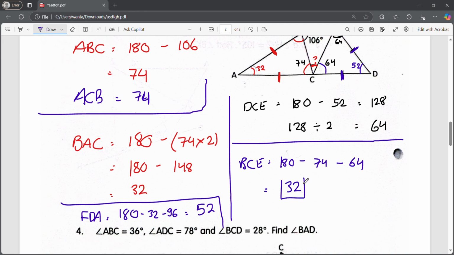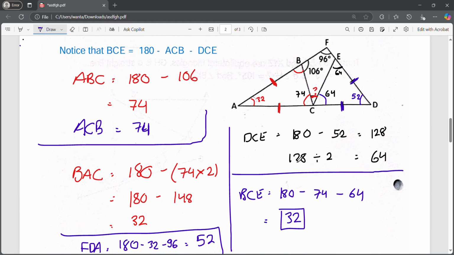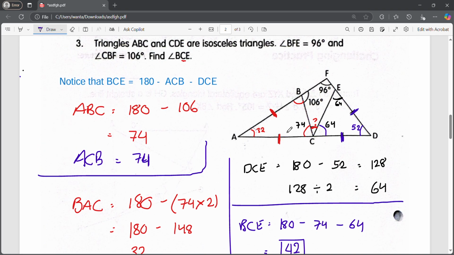So this is the answer. 70 and 60 makes 130. Oh no, it's actually 42. My mistake. 42. Okay, that's number 3 done.